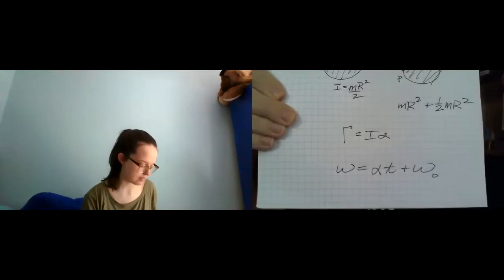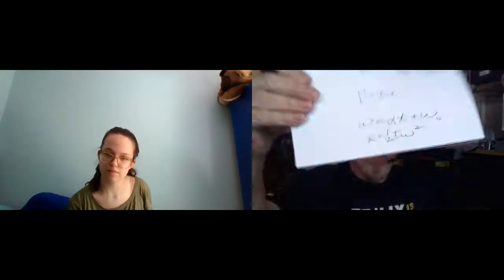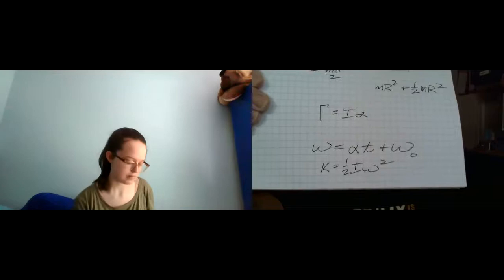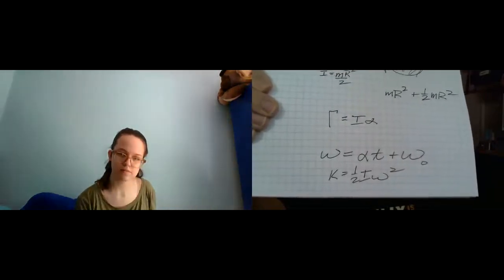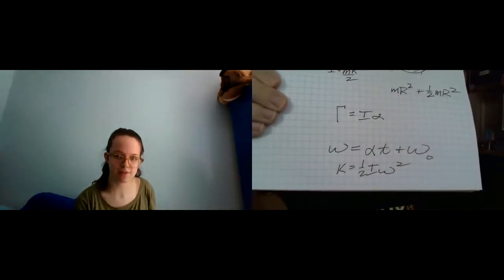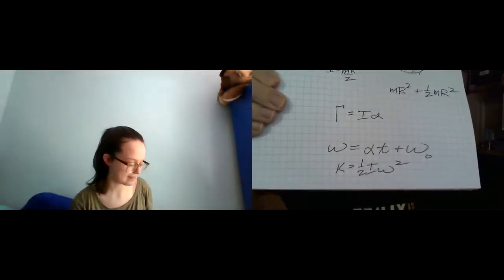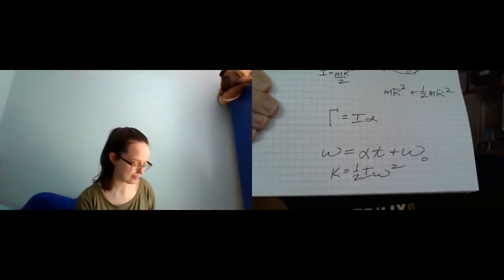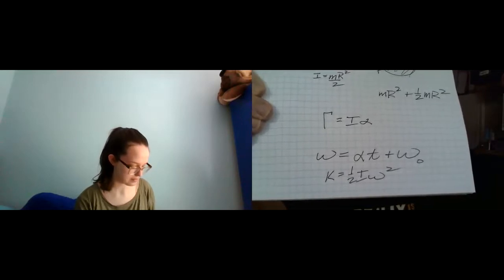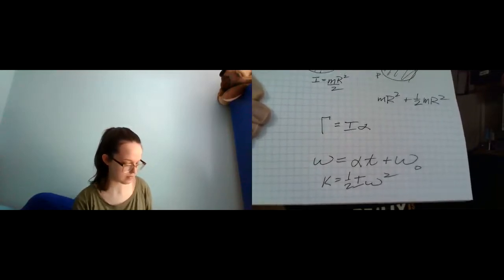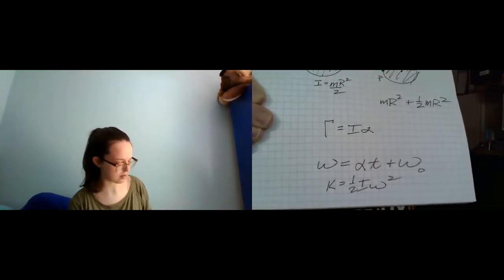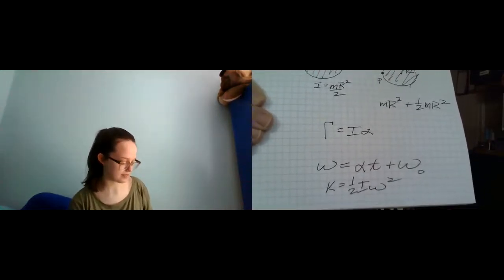But it asked about the kinetic energy. And kinetic energy for something that's rotating is, instead of 1/2 mv squared, it's 1/2 I omega squared. Well, that means that it's going to vary with the square of the angular speed.